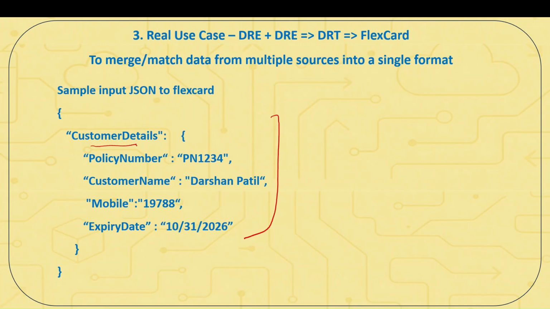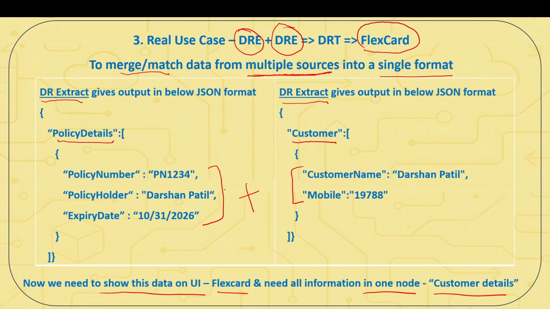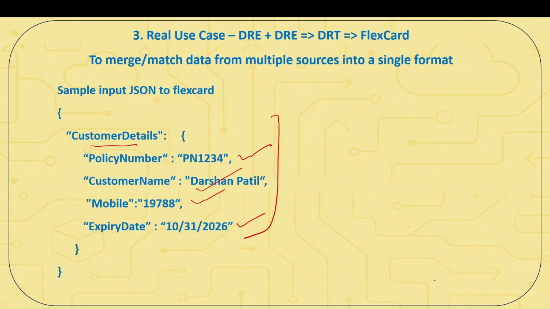Customer details will contain both policy details like policy number and policy expiry date, plus customer details like customer name and mobile number. So we need to merge the output of both DataRaptor Extracts into a single node, and then pass that single node's information to the flex card so that it will be shown on the UI front.